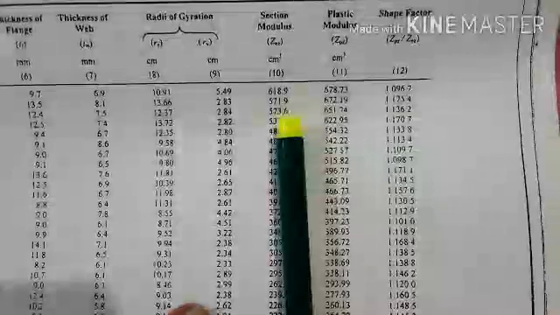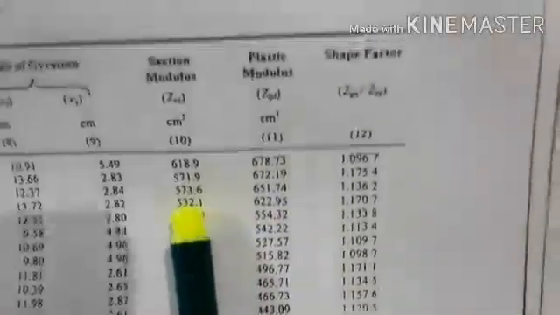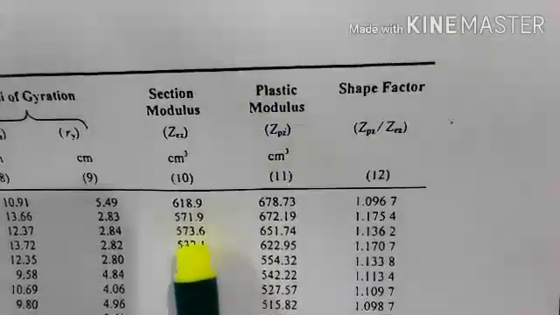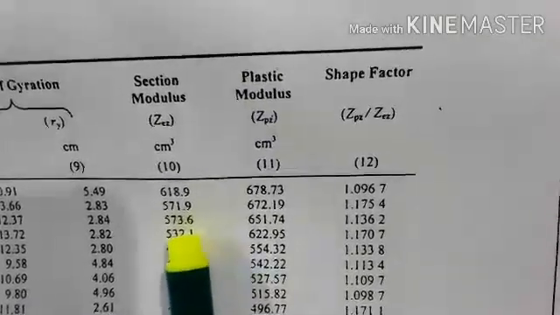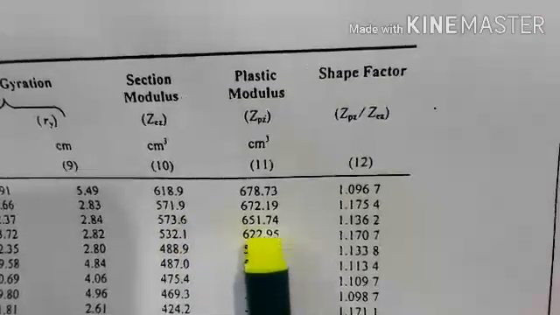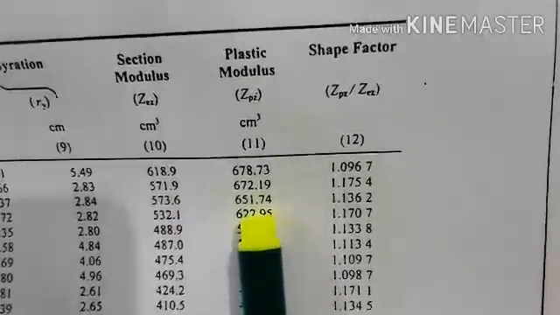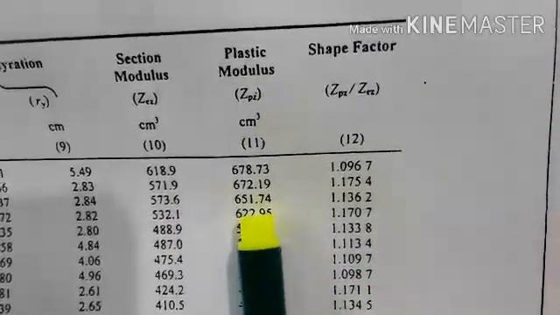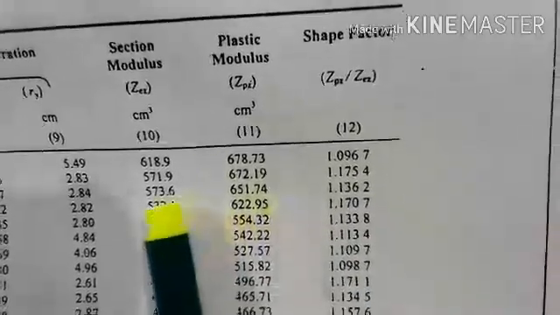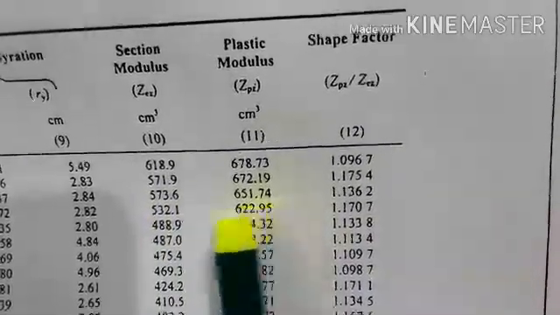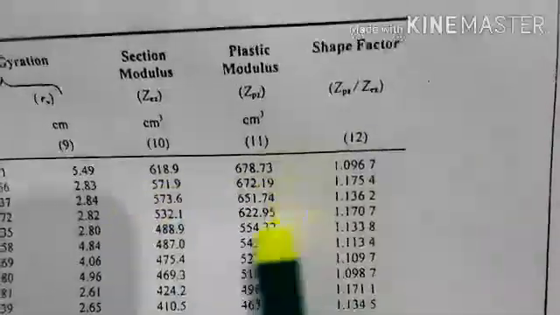Look here: both elastic section modulus 573.6 and plastic section modulus 651.74 are given, in centimeter cube.